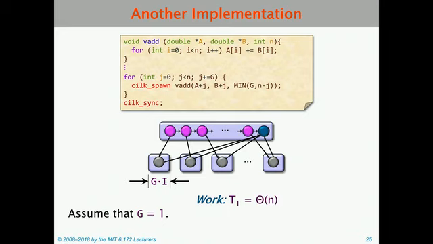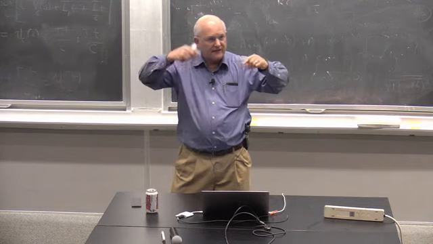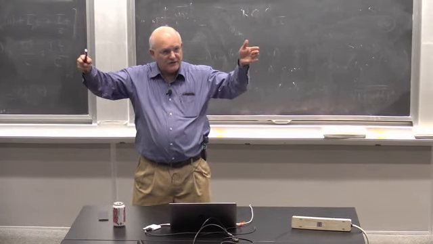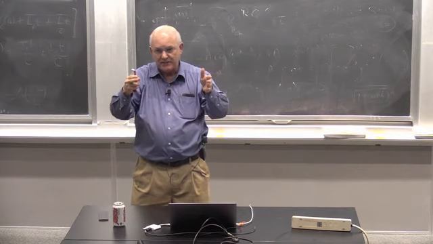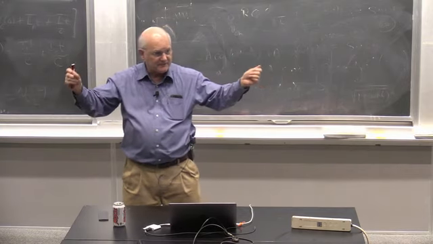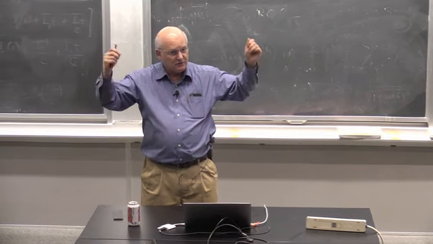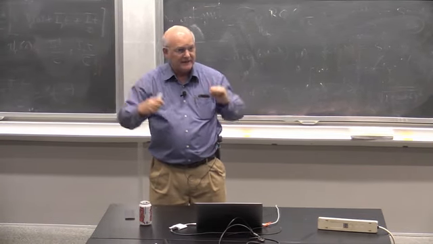In fact, this is a technique that's called strip mining. If you take away the parallel part, you take a loop of length n and you really have nested loops: one that has n over G iterations, and one that has G iterations. You're going through exactly the same stuff, the same as going through n iterations, but you're replacing a singly nested loop by a doubly nested loop.